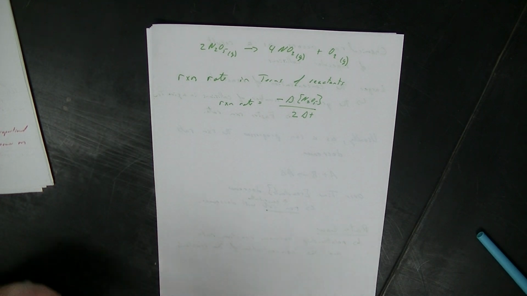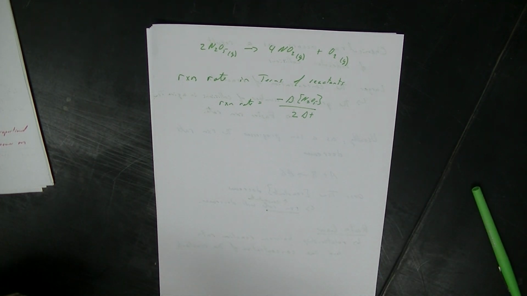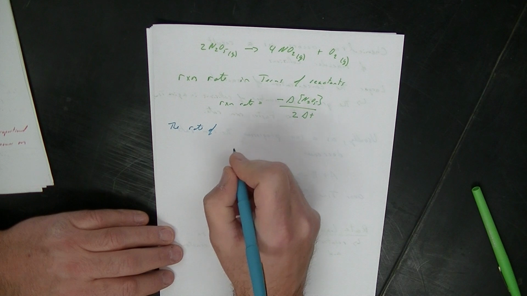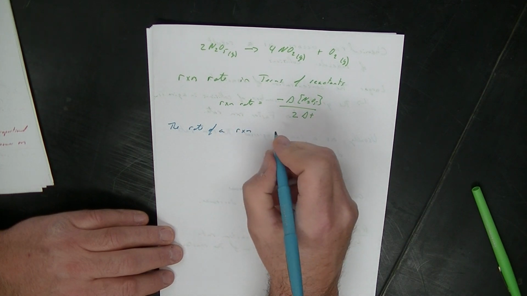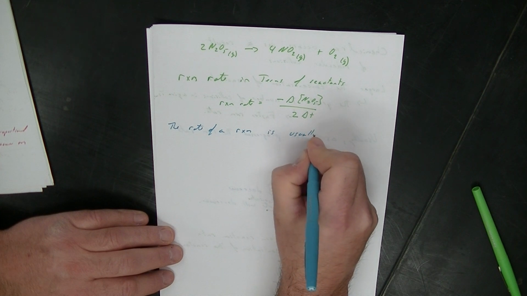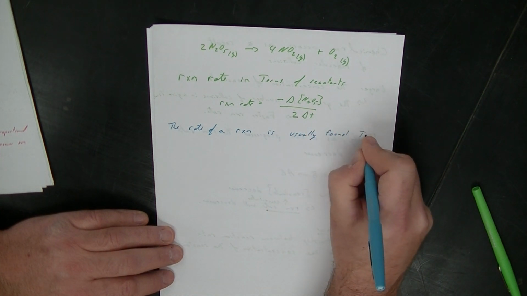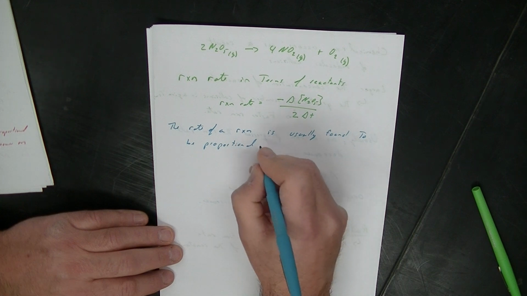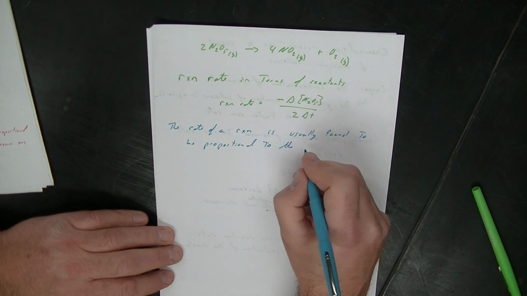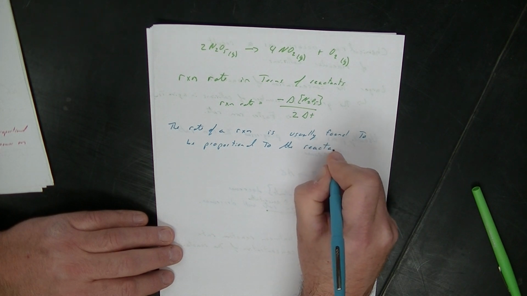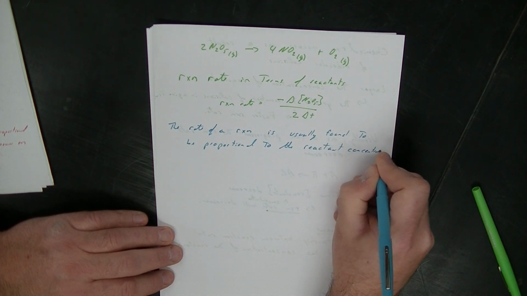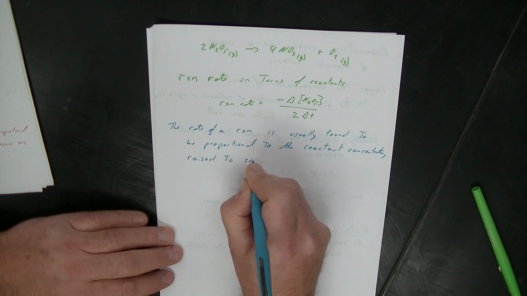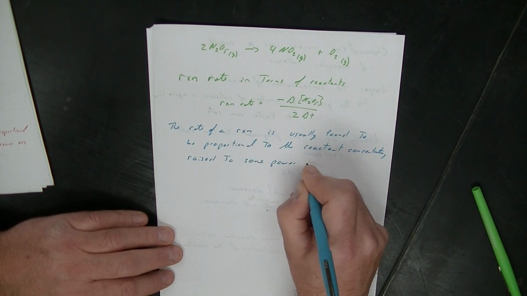Now, the rate of a reaction is usually found to be proportional to the reactant concentration raised to some power m.